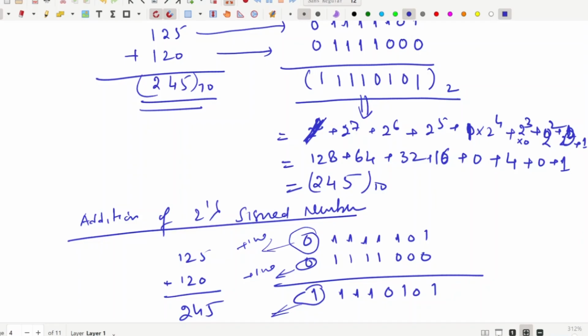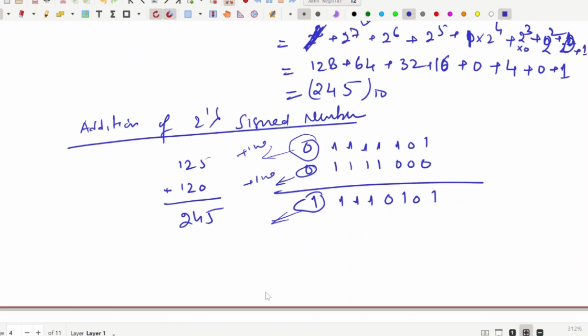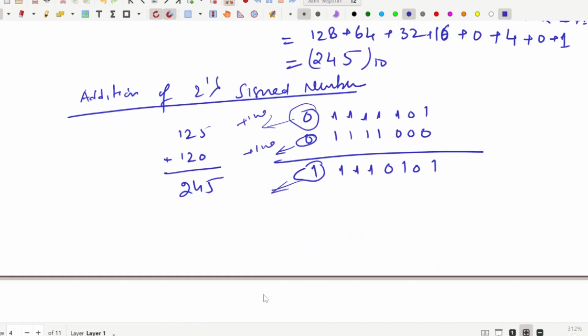So this is the first case. Suppose the first number is 65 and the other number is plus 60, then how do we add these two numbers and what will be the result?